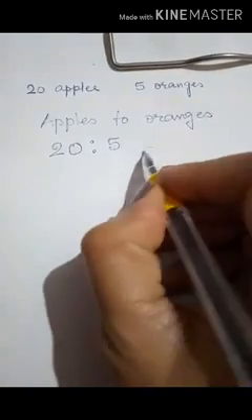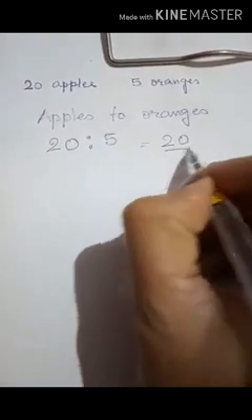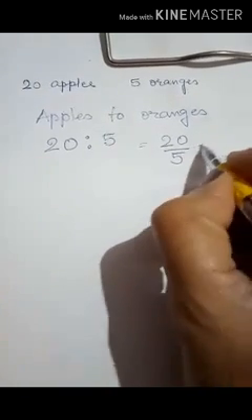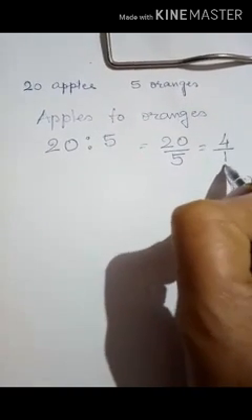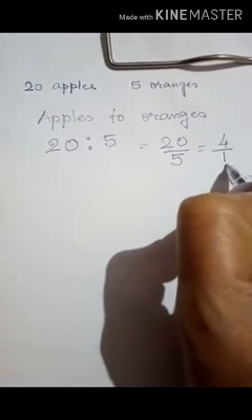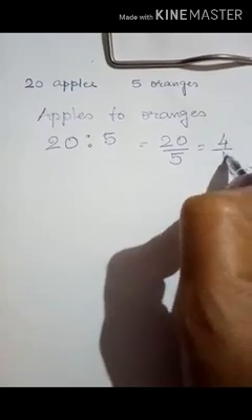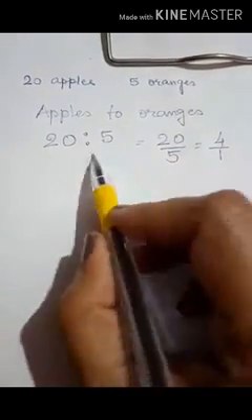We can put this in fraction as 20 upon 5, and it is 4 upon 1. This denominator is necessary to be written. We cannot leave it blank, especially when we are talking about ratio.